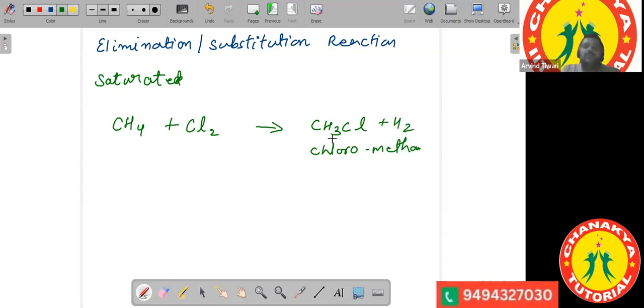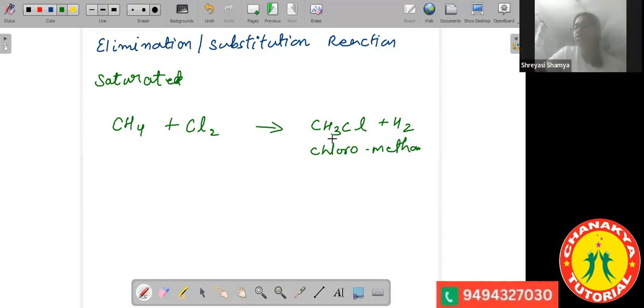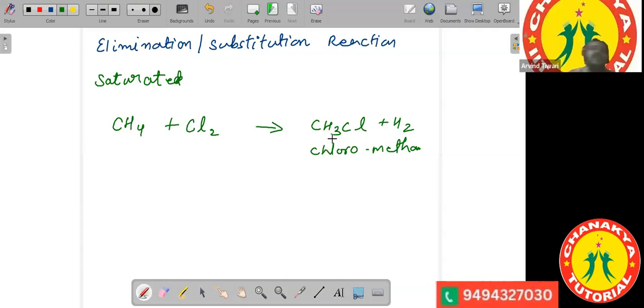That's why I told you that every time in the case of organic compounds, you should not go for balancing. You can write down the reaction. Otherwise, if you can balance these reactions, that's very good. So it will be HCl in the end, sorry, not H2. It is HCl, right? So at the end, it gives you HCl and chloromethane.